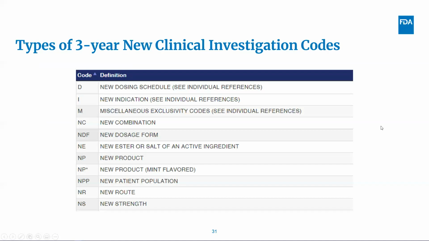And here's an example of a screenshot of our different types of 3-year new clinical investigation codes. Some common ones you're going to see in the Orange Book will be I for new indication, or NP for new product, NPP for new patient population. And then we have a lot of M codes for miscellaneous.